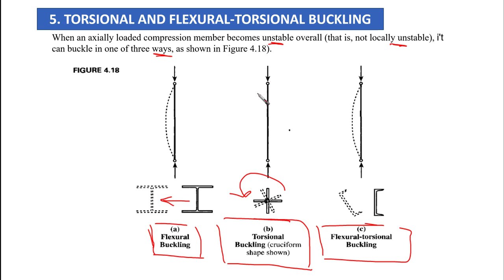It will not go outside here. It is going to revolve around the center itself. This is what we call torsional buckling. And the third one is going to be a combination of the two. So this is what we call flexural torsional buckling. The element is going to translate or go laterally, as you can see here with the dashed line, and at the same time it is going to rotate. So these are three different types of global failure behavior of the column.